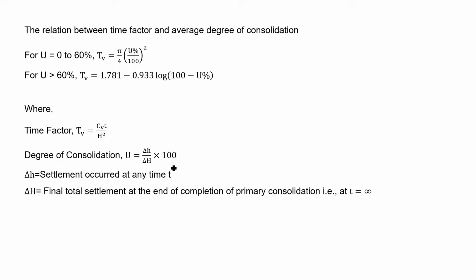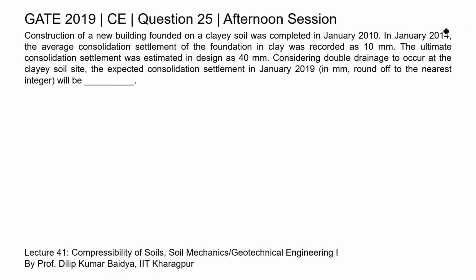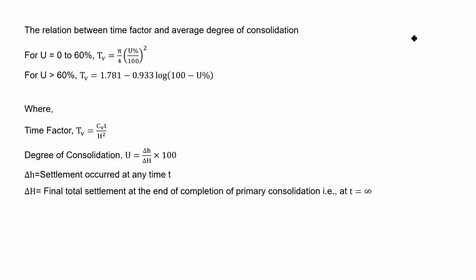Now, here in the first part of this question, it is given that the settlement is 10 mm after 4 years. So, we can write: construction completed in January 2010.